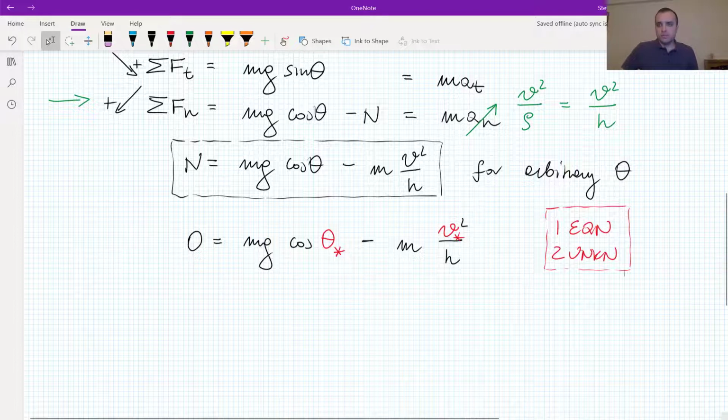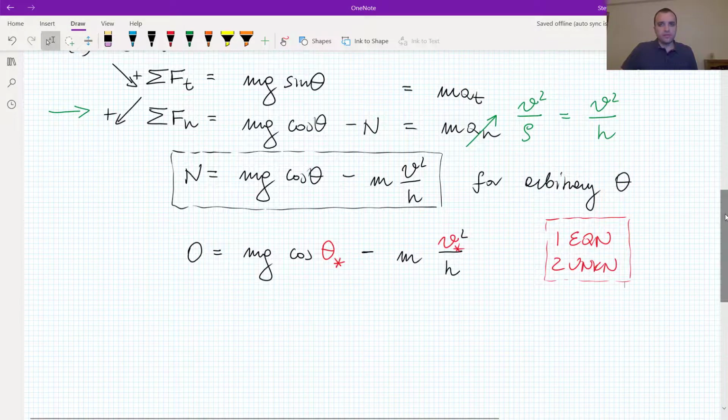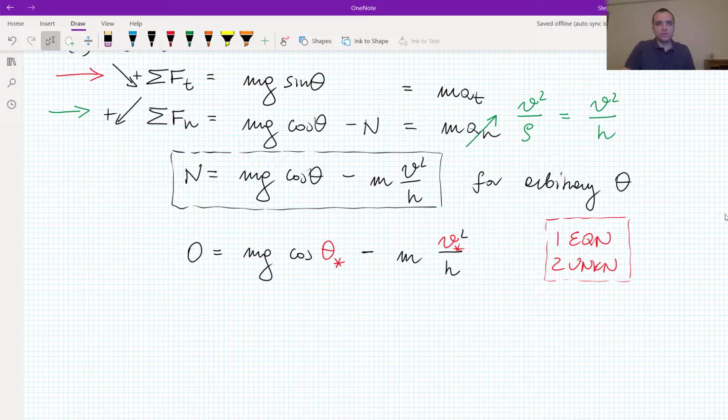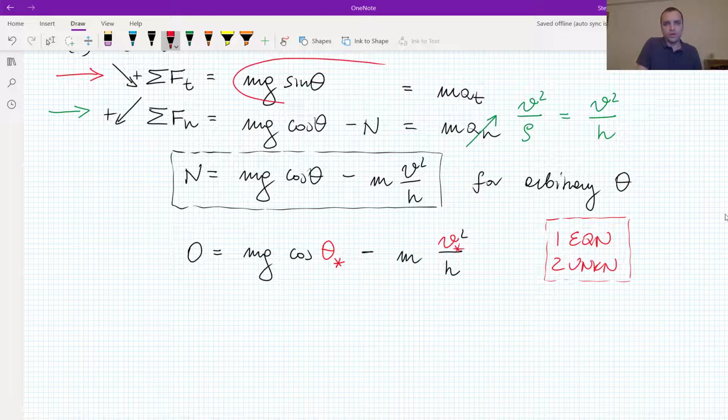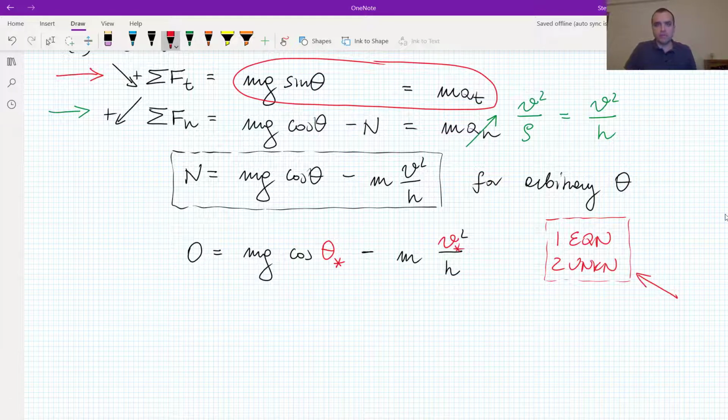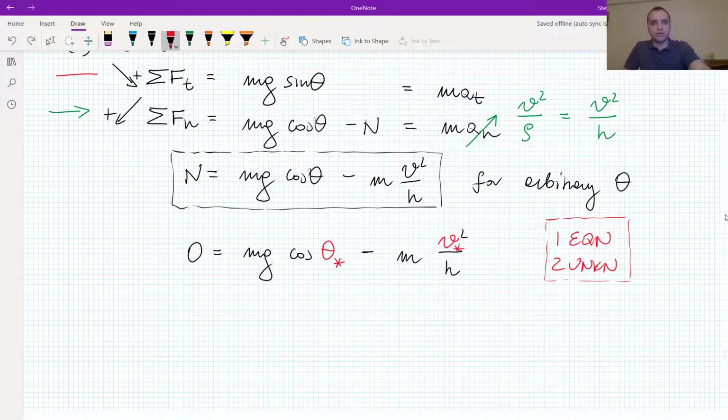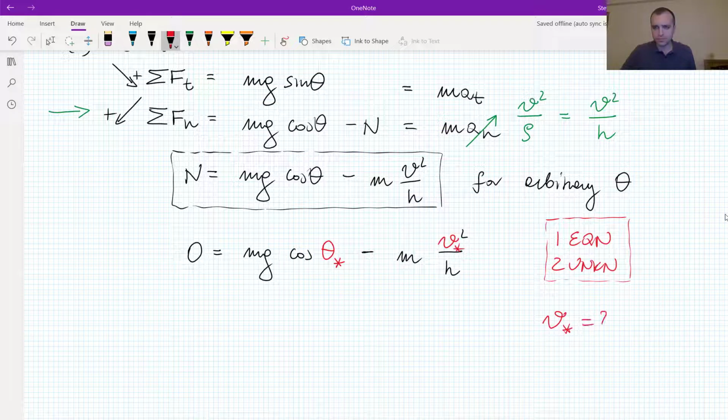And probably some of you are thinking that we should go for this equation, and you are right. If you would like to use this equation to provide that additional information about our system, you are correct. However, my goal right now is to find v star, and in here we have our acceleration along the t direction.